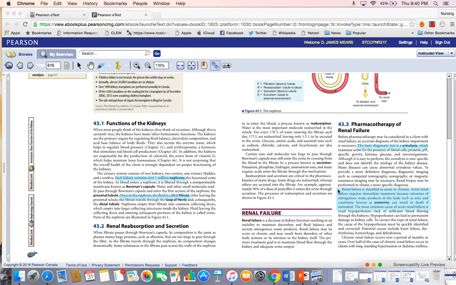And so acute renal failure requires immediate treatment because retention of nitrogenous waste products can be very hazardous to the body. This is known as azotemia, when we have nitrogen and urea building up in the blood, and it will result in death. So it's important for us as nurses to recognize signs and symptoms of renal failure.